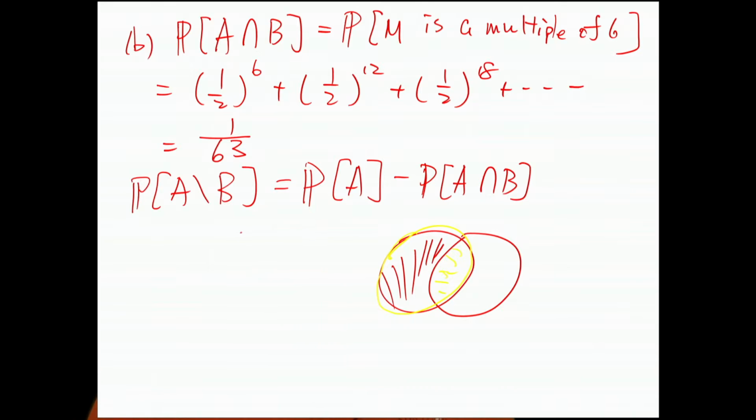So this is 1/3 minus 1 over 63, which is 20 over 63.